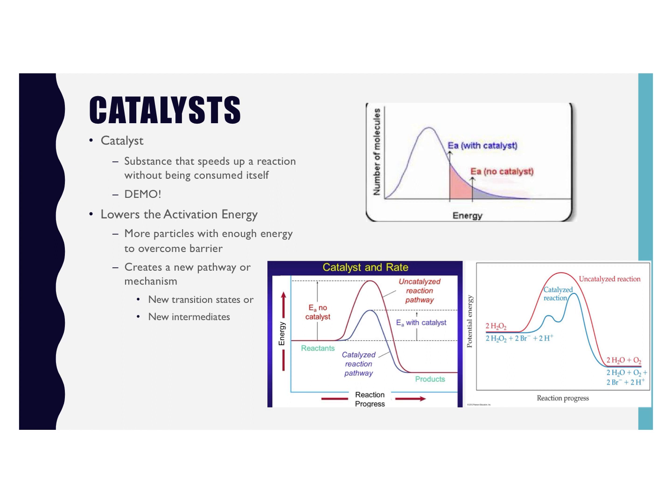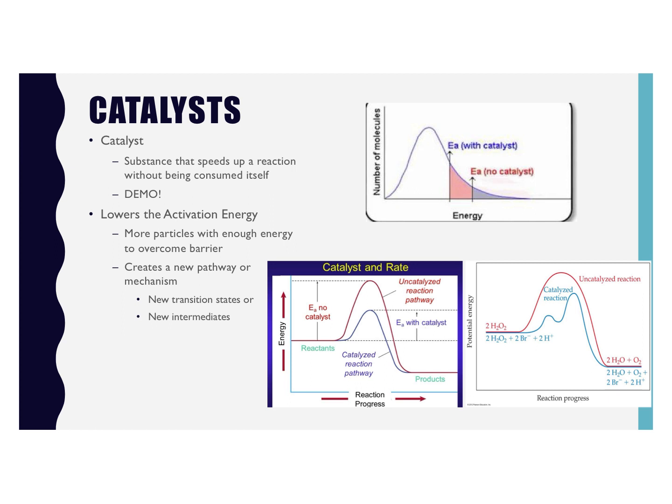All right, so to review, a catalyst is a substance that speeds up the reaction without being consumed itself. And how it does that is by lowering the activation energy.